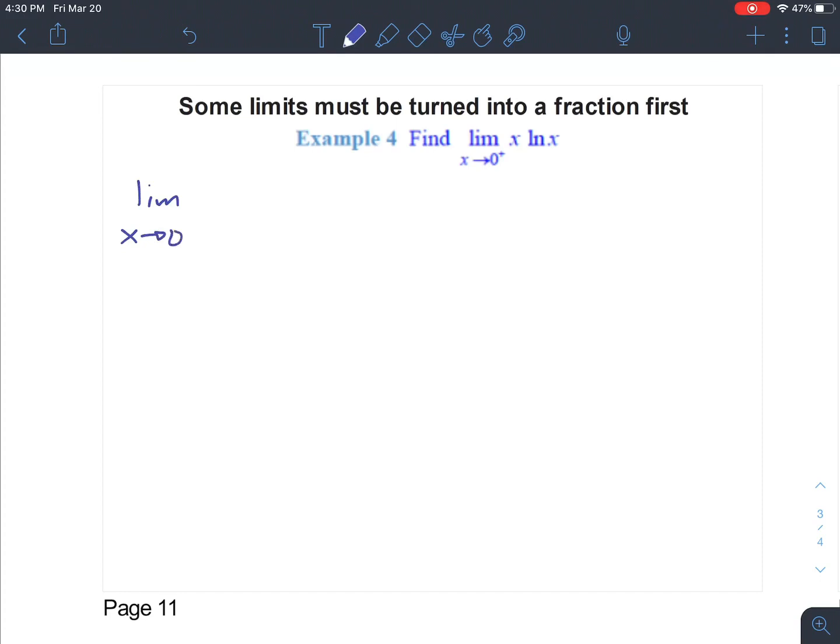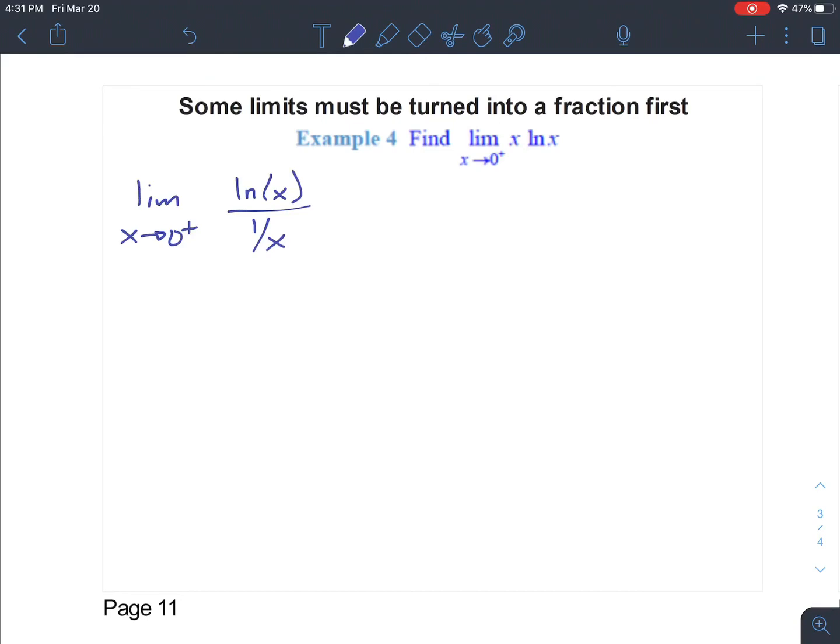so first, the limit as x approaches 0 from the right-hand side, and we are going to have natural log of x divided by 1 over x. Now, I suppose we should have checked to see if we were going to have an indeterminate form first. We still could check right here because we haven't done L'Hopital's yet.